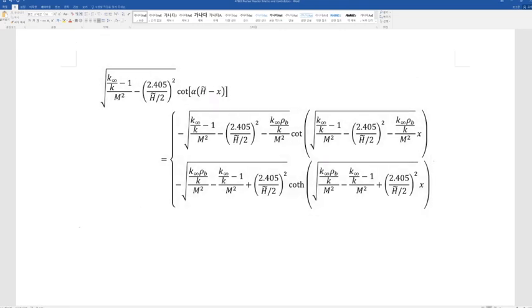So the unknown that we have is in fact k. This equation can be solved. We should solve it numerically for k. So if we calculate k, we are also able to calculate the reactivity.